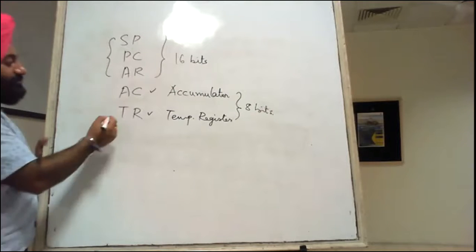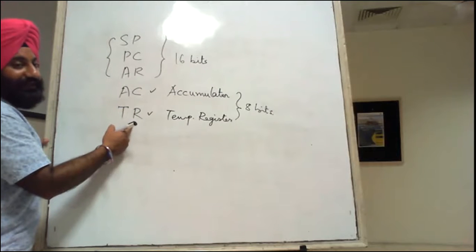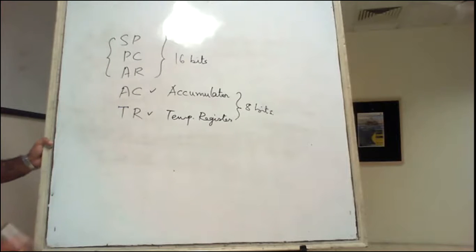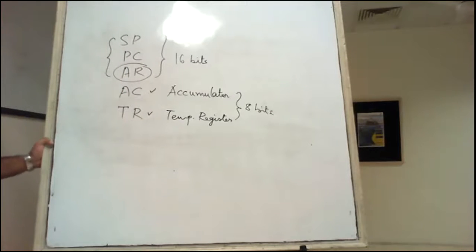TR is basically used for storing temporary data. AC is used for result storage. AR is used to store addresses, and PC is the program counter, which is used for holding the address.